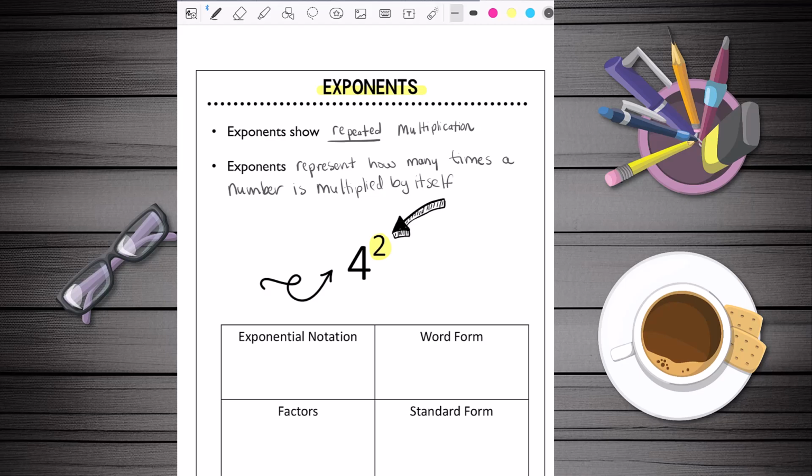Exponents represent how many times a number is multiplied by itself. So it's repeated multiplication of a number, and the exponent shows how many times that happens.